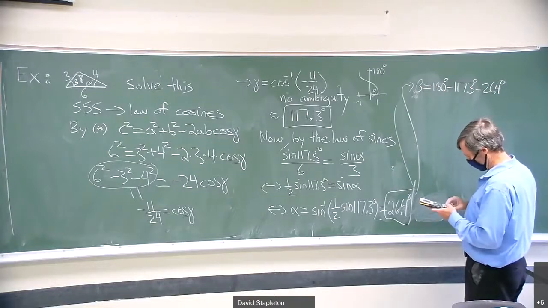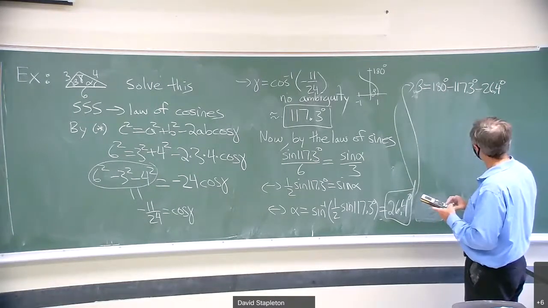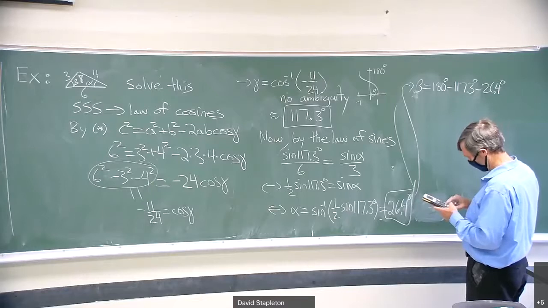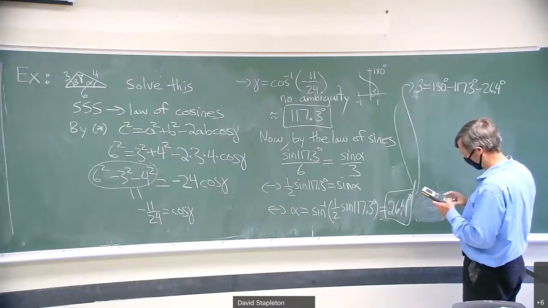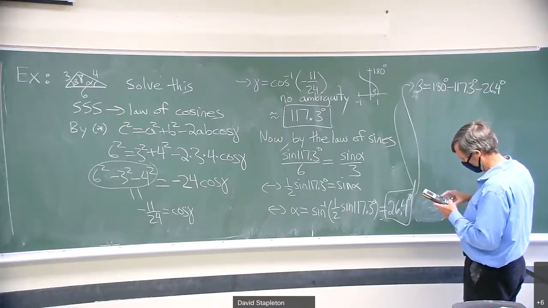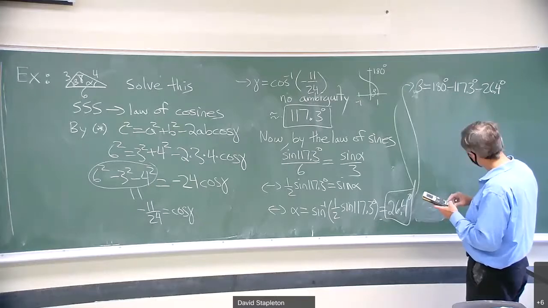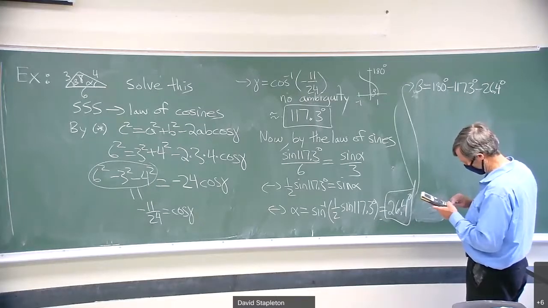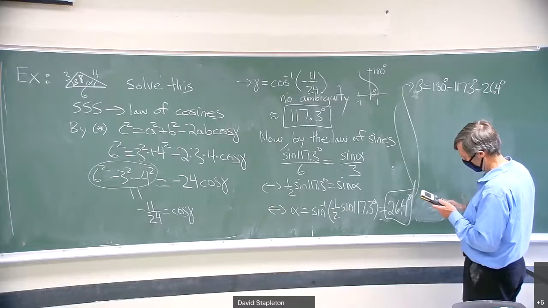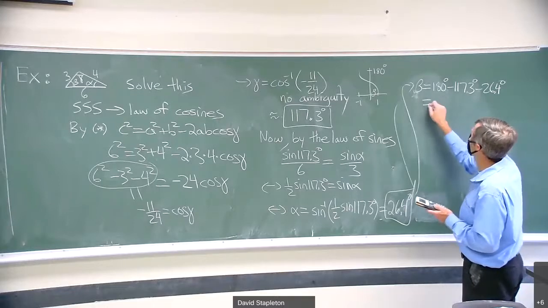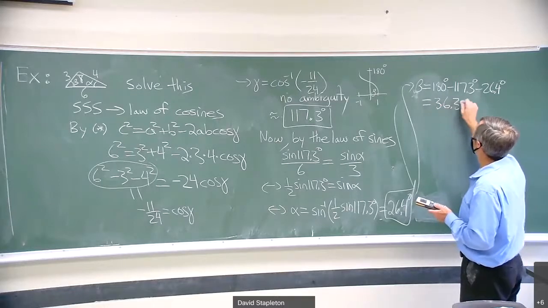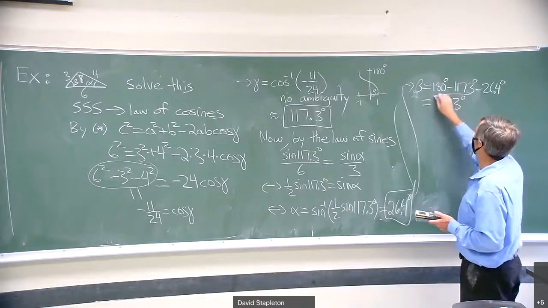Let's see, 180 take away 117.3, oops, and 26.4 gives 36.3. Given three sides, I found the other three angles.